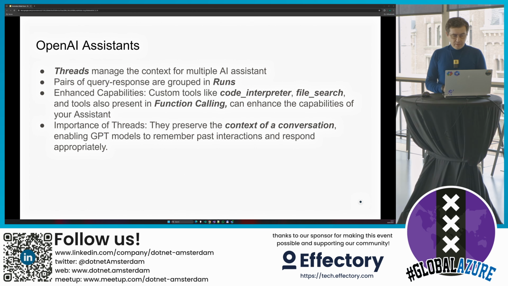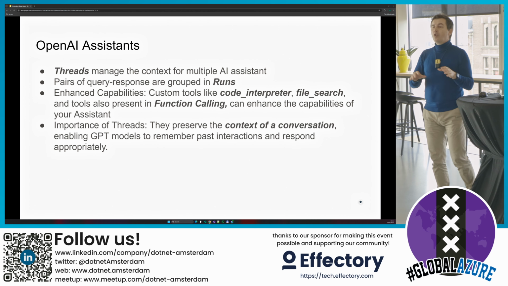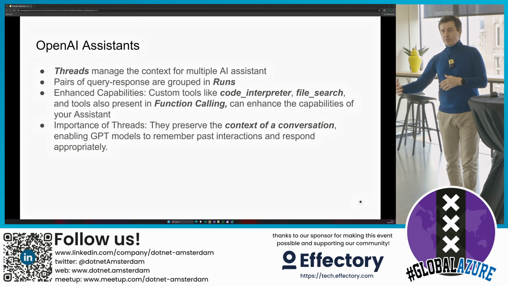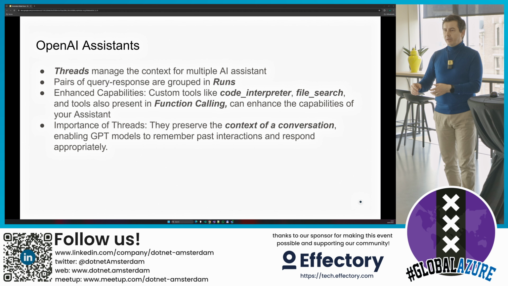So, as I said, the Assistants API was released, and this came with more features. So, we used to have those functions. They are called tools. So, if you look inside the JSON which is exchanged with the OpenAI models, you will find there tools. They used to be function underscore calling, but they were rebranded tools.